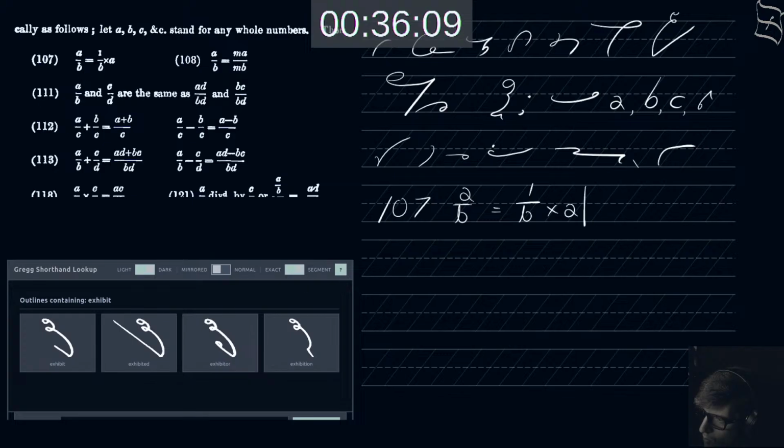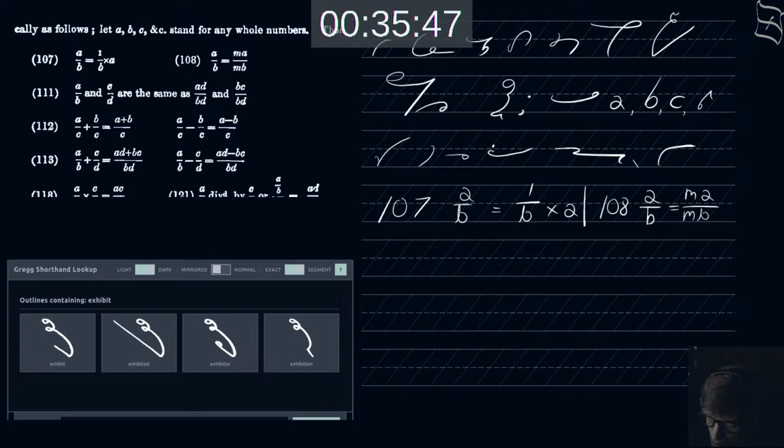Article 108 states that A over B is equal to MA over MB.